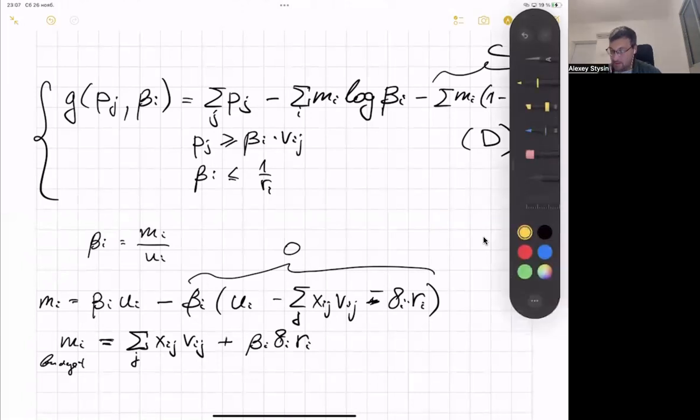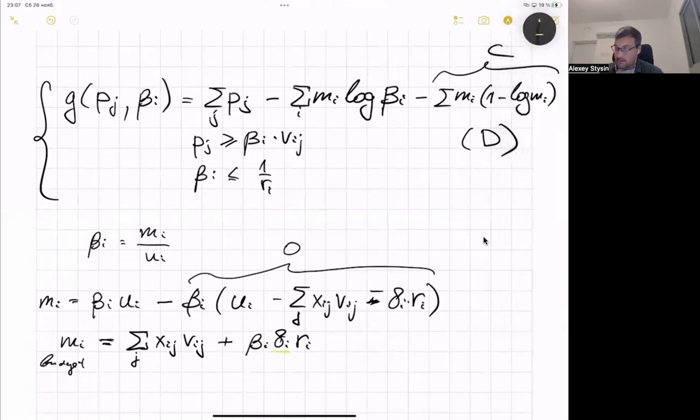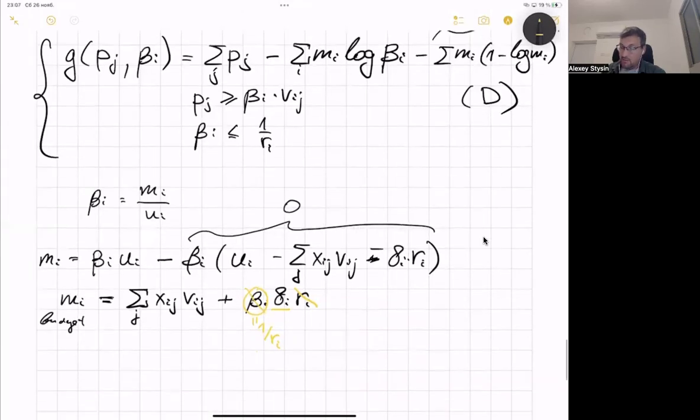And the final step is here. Remember that this thing could only be non-zero if this thing equals 1 over ri. So these things cancel. So eventually we get the following.